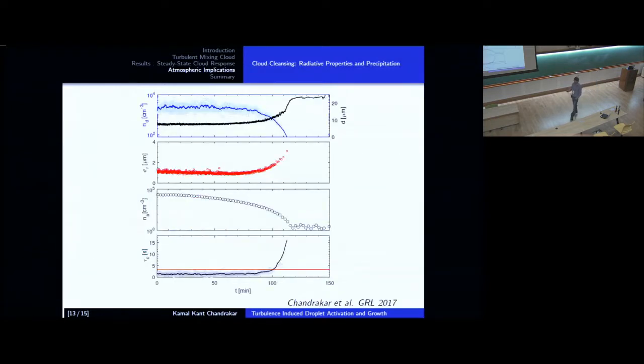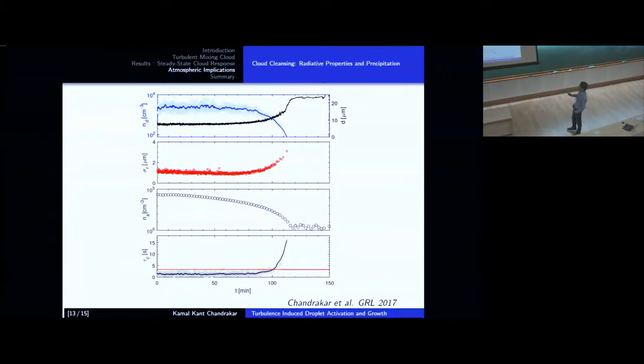We had the steady state cloud, we switched off the aerosols, and then we tracked the cloud. We have a decrease in the droplet number concentration, and at the same time an increase in the mean droplet diameter. Similarly, dispersion also increases during this cleansing process. At the same time, you also have a decrease in the non-activated aerosols. So this supersaturation fluctuation is also affecting the activation.